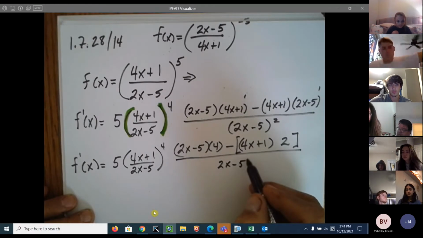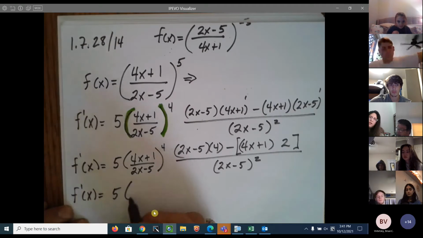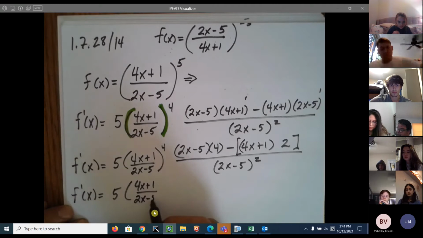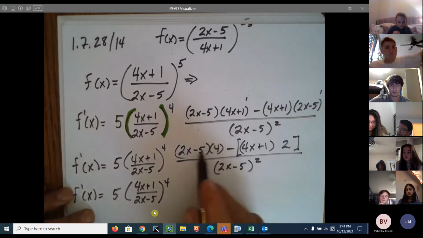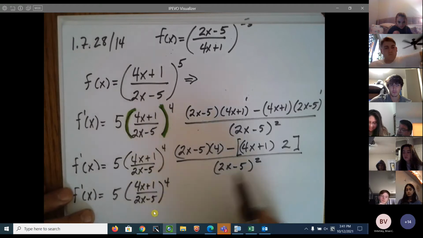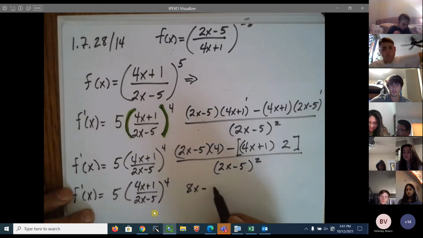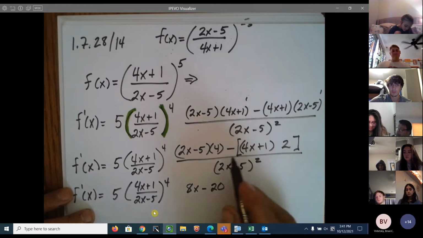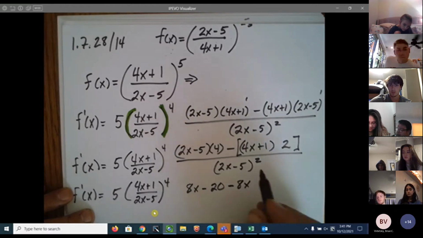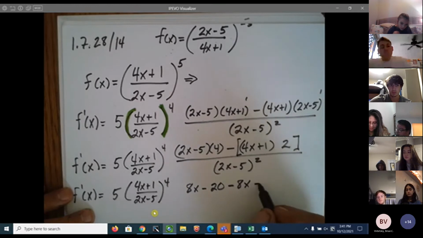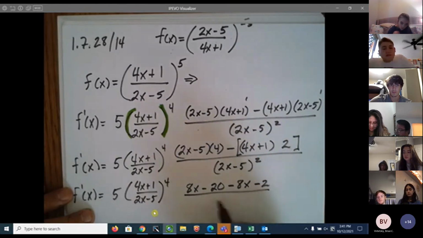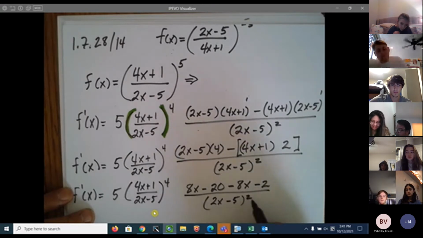F prime of x is equal to 5 times 4x plus 1 over 2x minus 5 to the fourth power, times 8x minus 20 minus 8x minus 2, over 2x minus 5 to the second power.